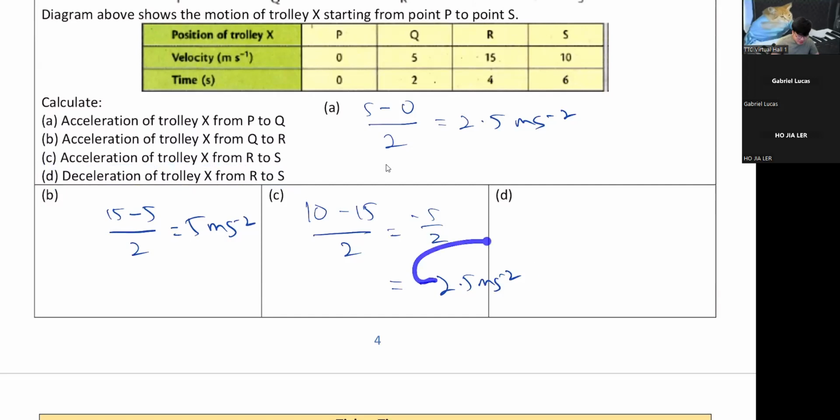The opposite of negative 2.5 is 2.5. When I have negative acceleration, I have positive deceleration. You get what I'm trying to say here? If my acceleration is negative 2.5, then my deceleration is 2.5.